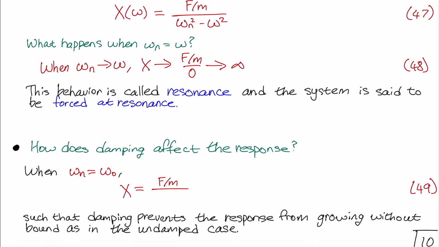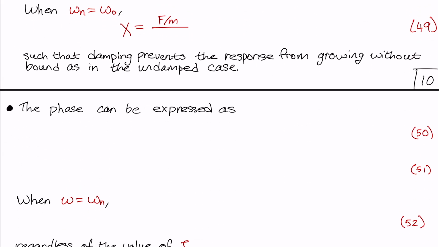And so it's not going to be divided by 0 anymore. It's going to now be divided by 2 zeta omega n times omega, or I guess you could write that as omega n squared if you want. And this will be less than infinity, such that the damping will prevent the response from growing without bound, as in the undamped case.